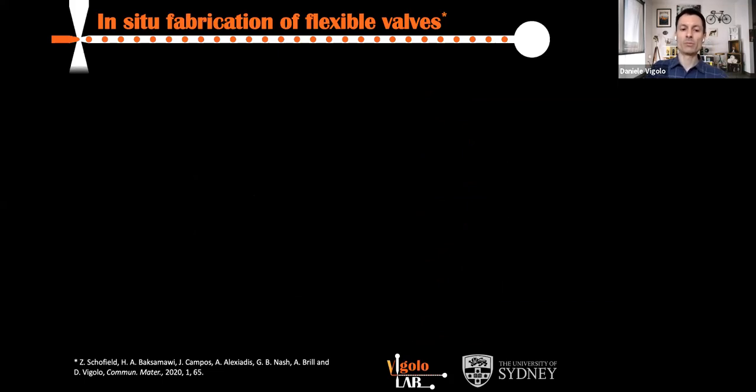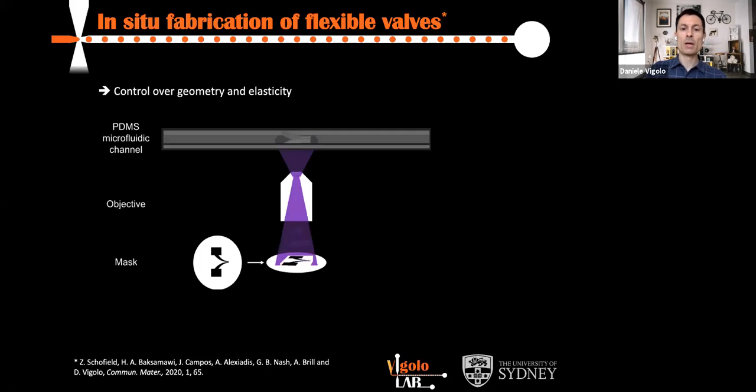The typical position where a blood clot is formed is normally behind the valve, in the valve pocket behind the leaflet. And so it's crucial to be able to actually have passive valves that can move with the flow. And so we have control of the geometry, but also the elasticity of these structures.